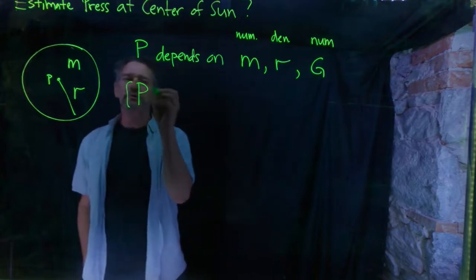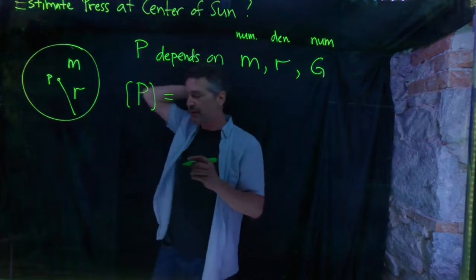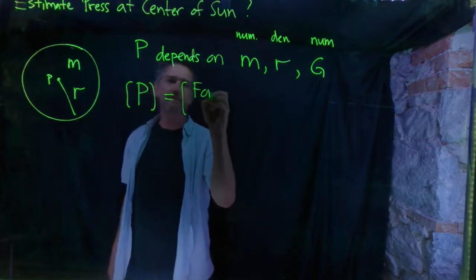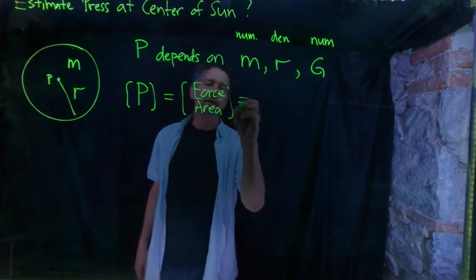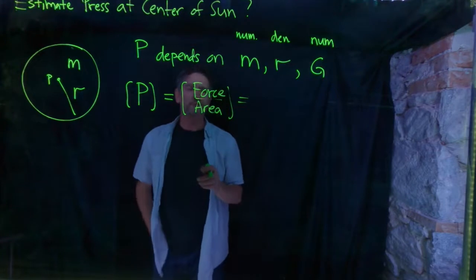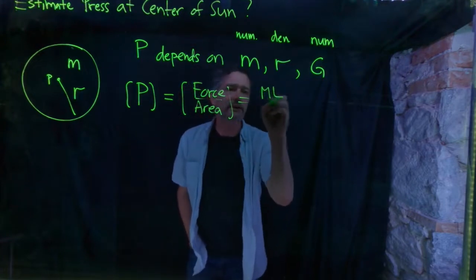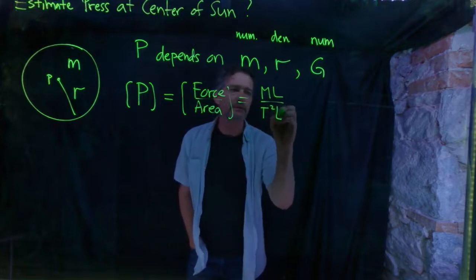Okay, so the dimensions of pressure are, well, pressure is a force per unit area. And the dimensions of force, we figured out last time, is mass times length over time squared, and then area is a length squared.